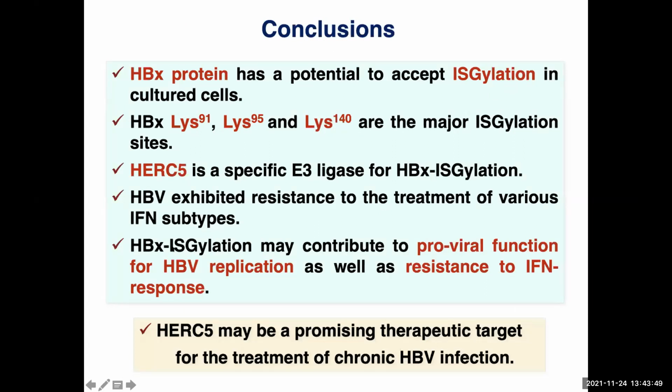And HBx ISGylation may contribute to a proviral function for HBV replication, as well as resistance to interferon response. Currently we are screening for HERC5 inhibitors to examine the inhibitory effect on HBV replication. And HERC5 may be an attractive therapeutic target for the treatment of chronic HBV infection.